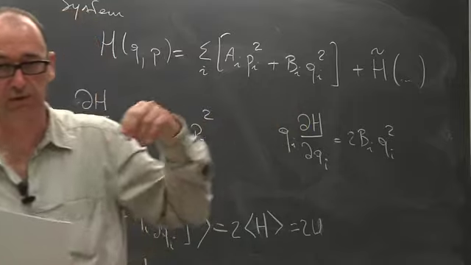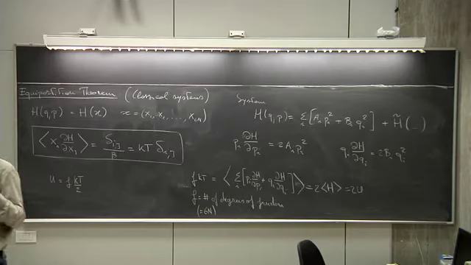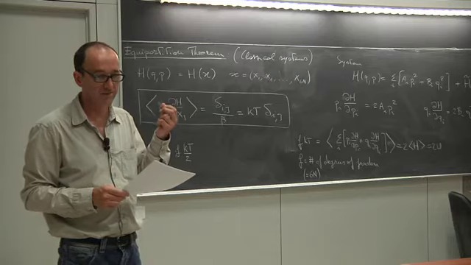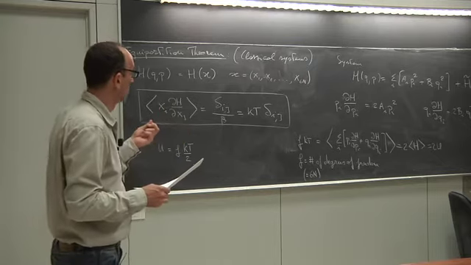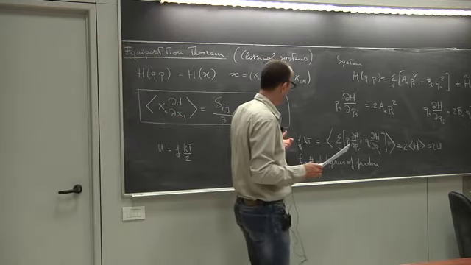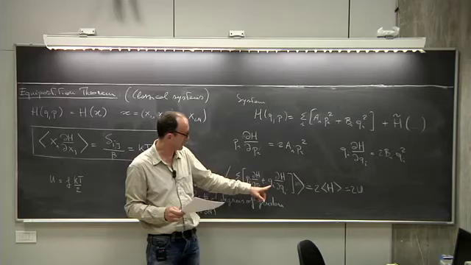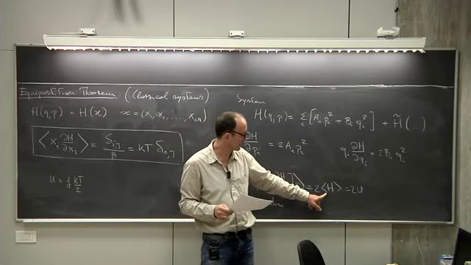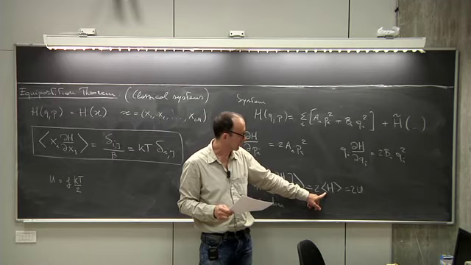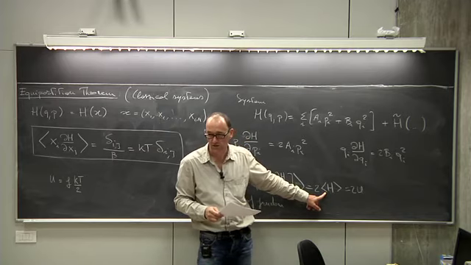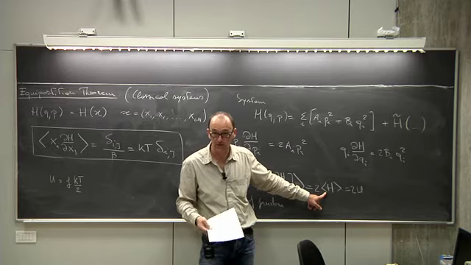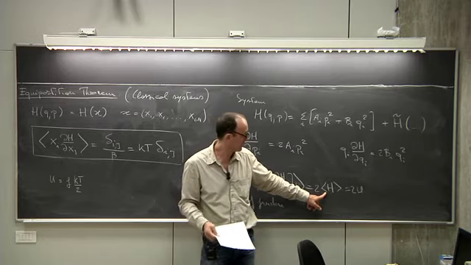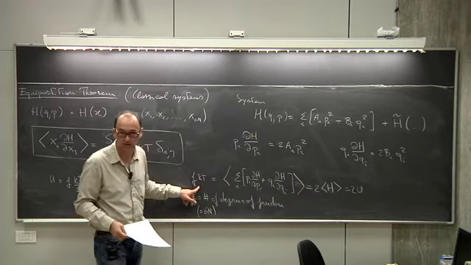Okay, so if you have some degrees of freedom which enter only quadratically in the Hamiltonian, then you can repeat this calculation here, and the contribution to the energy of the degrees of freedom which enter quadratically in the Hamiltonian can be computed in this way.